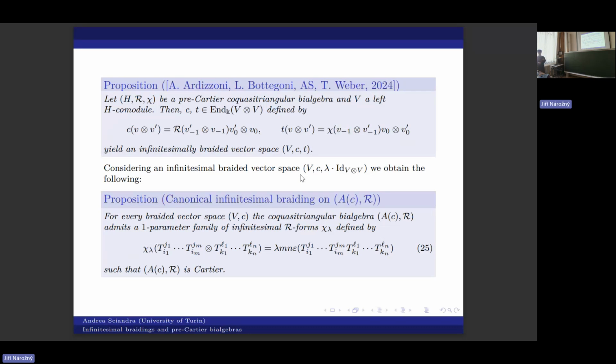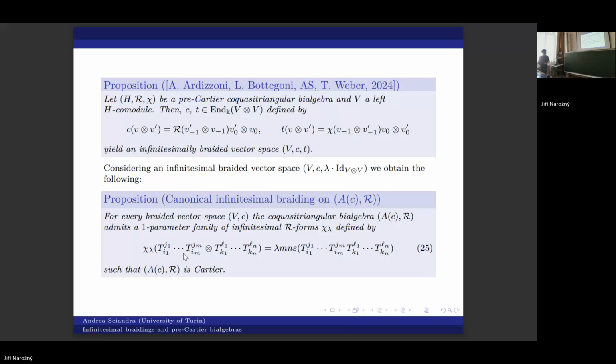This is infinitesimal with the identity, and so we obtain a quasi-triangular structure on AC. In fact, in this case, ACT and AC are the same quotient given by this.